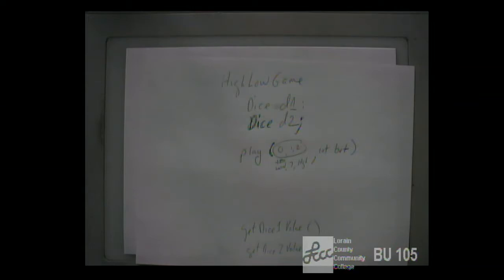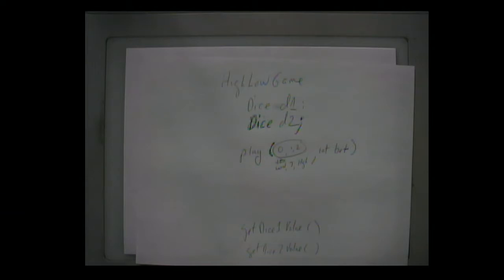The first thing you have to do, now that you've got your choice, I would think, would be to play dice 1 and play dice 2. Again, sometimes it's useful not even to think in programming terms. If we're playing a game and I said I'm betting $1 that it's low, what would you do?